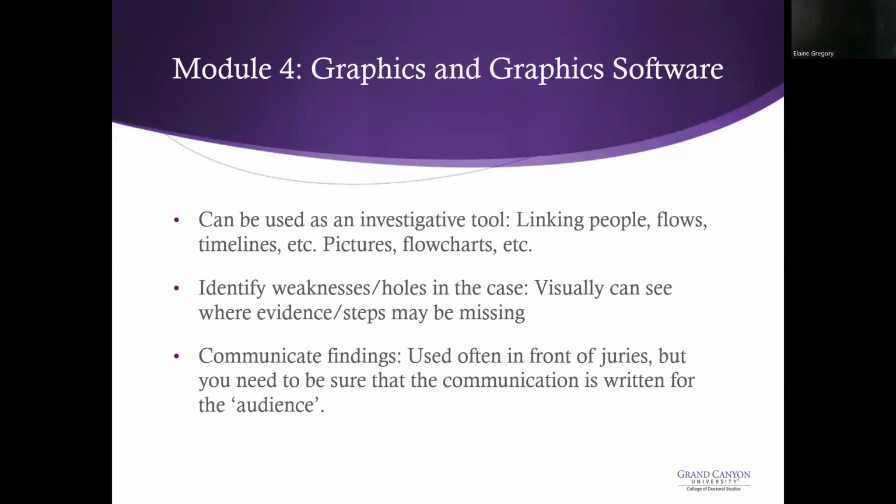We see a process that goes A, B, C, D, G. So we've got to find out what happened between E and G, which may show fraudulent schemes occurring. So you could see what the evidence is telling you and what may still be missing or may be intentionally omitted.